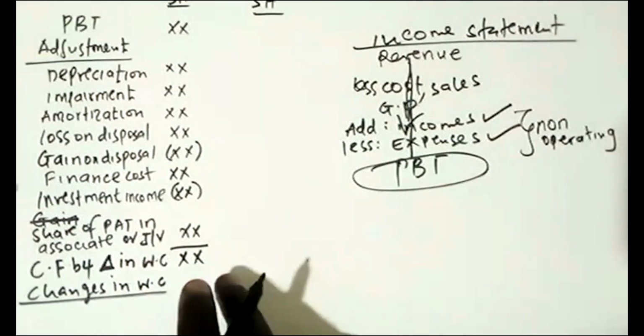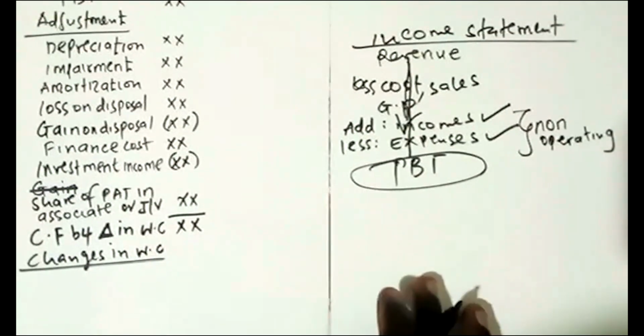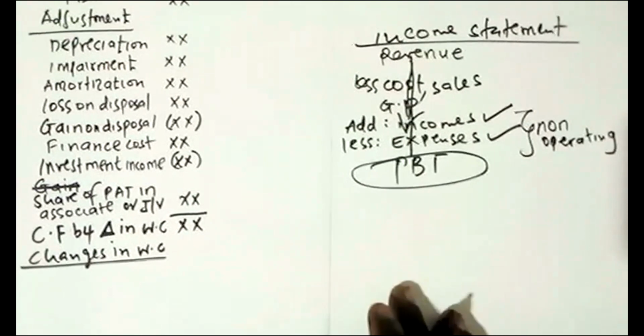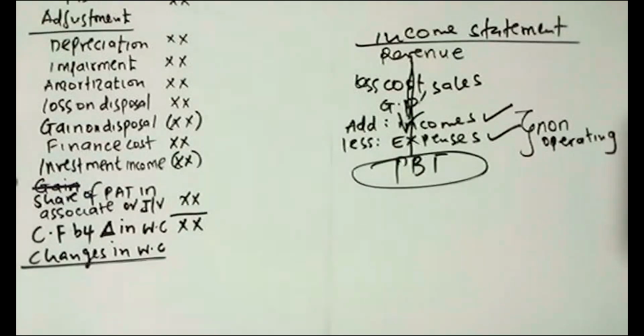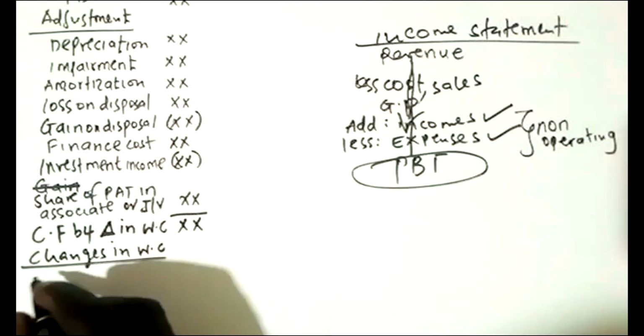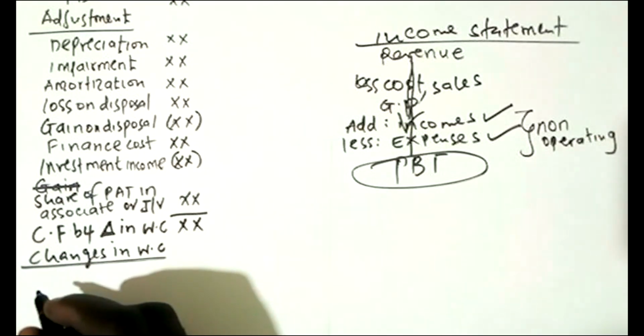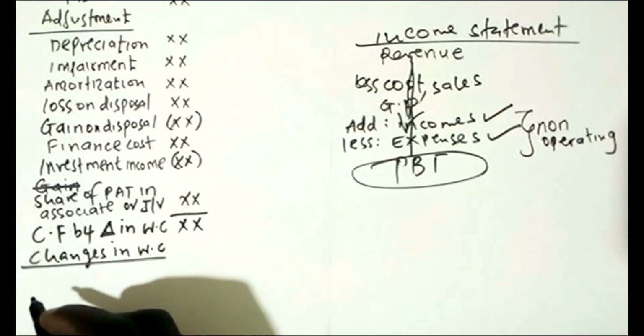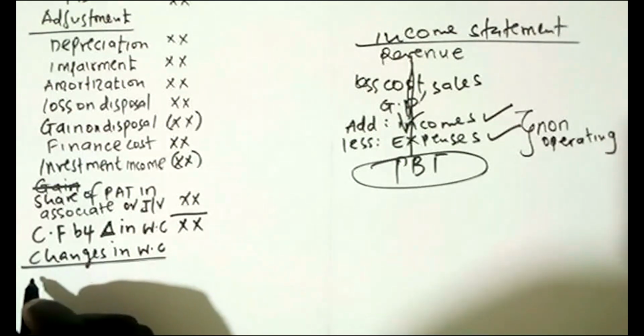For the changes in working capital, I will consider current assets and current liabilities, increase or decrease. Under current assets, I will consider inventory and receivables. Under the liabilities, I will consider the payables.